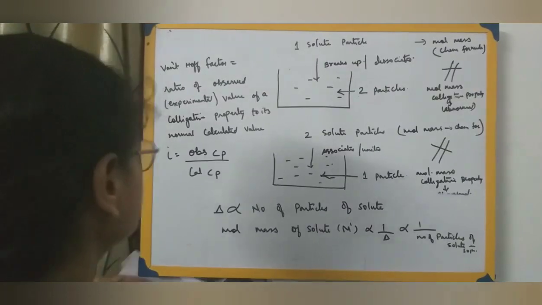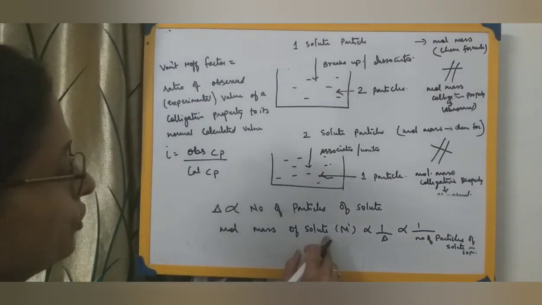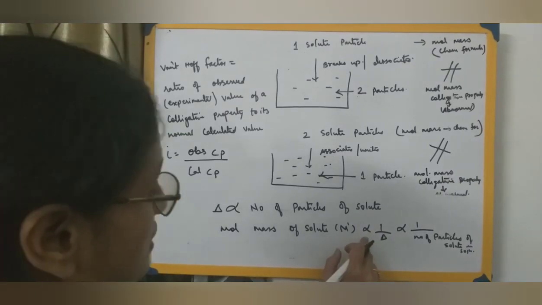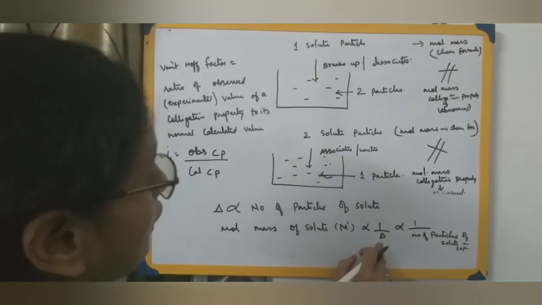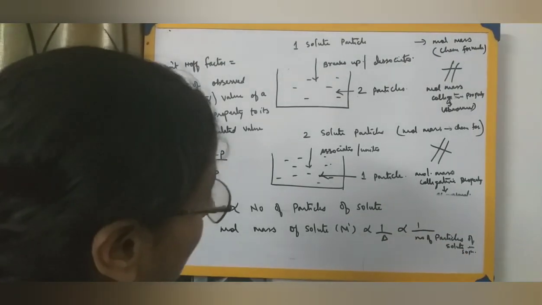So the molecular mass of a solute, m dash, is inversely proportional to the number of particles in the solution.